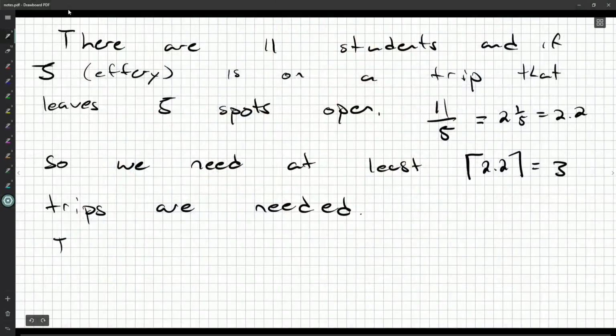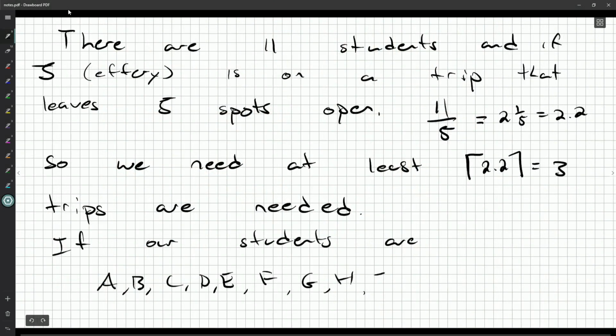But so now I'm just going to say if our students are A, B, C, D, E, F, G, H, I, J, K, L, we could have first trip, second trip, and third trip.